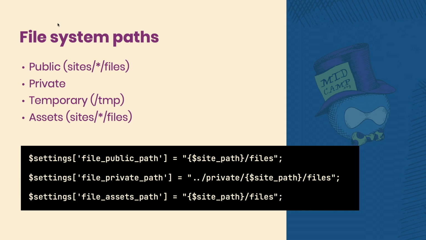File system paths are defined in settings.php. So if you go to the configuration page, you'll see what these are defined to be, but you can't change them there. And I think that's partially for security, but also maybe these paths need to be available earlier on in the bootstrapping process, so you have access to the public file path and the private path.